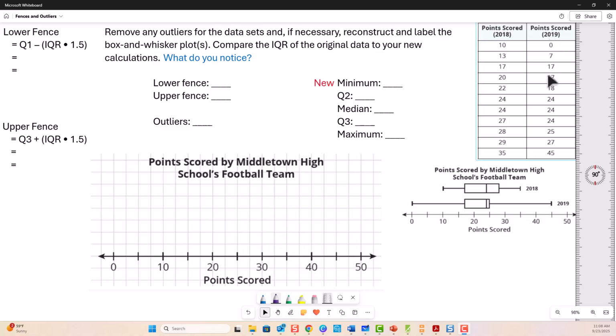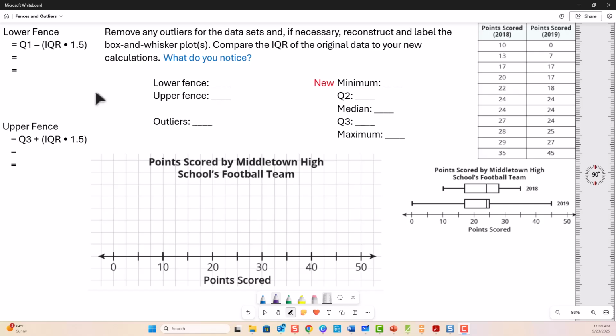And I need to use this formula, first quartile minus the interquartile range times 1.5, to find lower fences, and this formula, the third quartile plus the interquartile range times 1.5, for my upper fence to determine if I have outliers in either of these years.